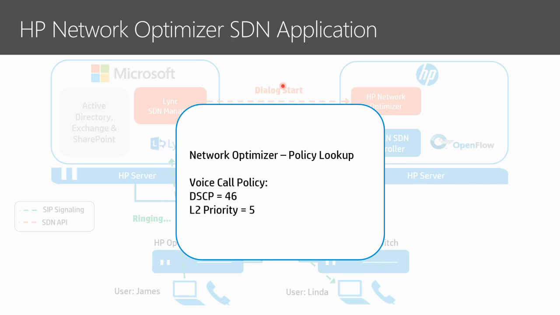And now Network Optimizer is able to look up the policy of these users in this voice call. So it's a voice call, and they're going to get DSCP 46. This is the standard DiffServ code point for voice, and we're going to apply an L2 priority of 5. So this is another priority access for this voice call for these users.